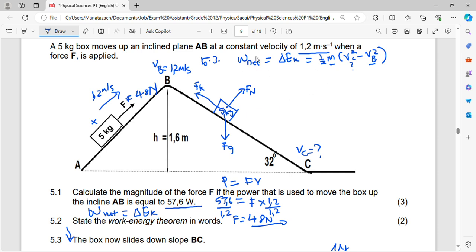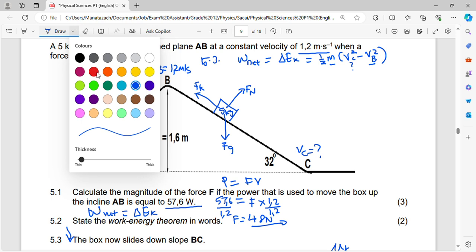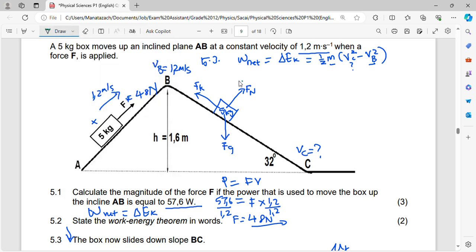When you're talking about the W net, we're interested in the forces that are parallel to the surface BC. In this case, you've got two forces that are parallel: Fk, and the parallel component, which is Fg parallel. You're going to be focusing on these two forces. They will be forming the W net.